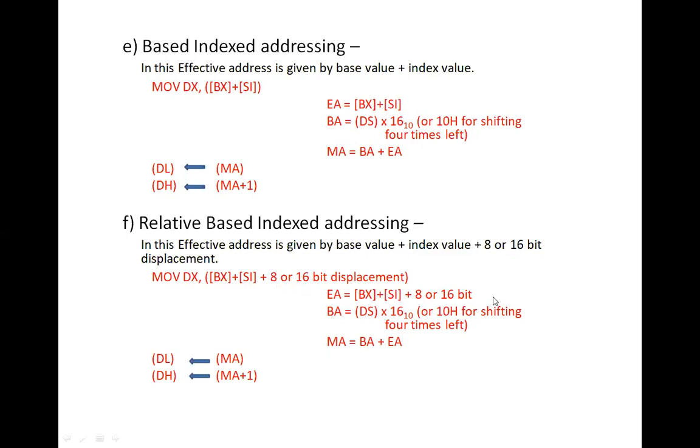The summation of all these three gives you the effective address, and the base address is obtained by shifting the content of the data segment 4 bits left, and then the memory address is generated. The content of that memory address is copied in the DL register, and the content of the next memory location is copied in the DH register.